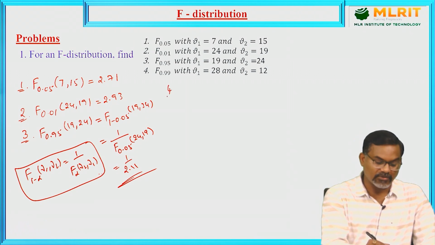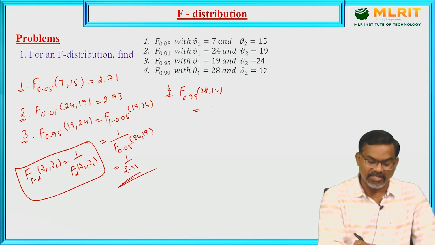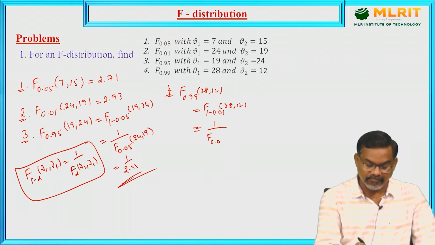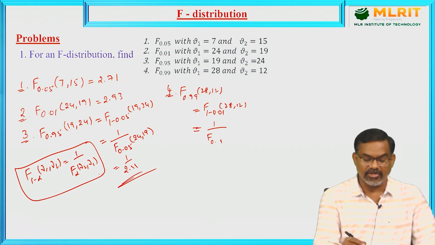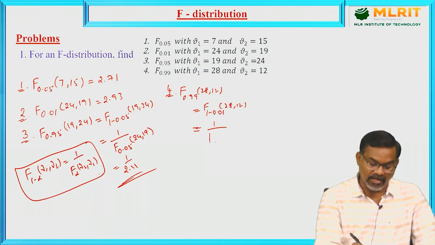Similarly, the fourth one, F 0.99 for 28 comma 12. Again we use the same property. I can write 0.99 as 1 minus 0.01 for 28 comma 12. When I use this property, I have to interchange the values of nu 1 and nu 2.